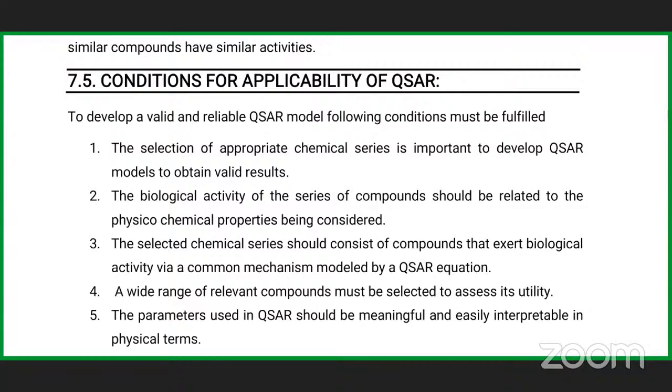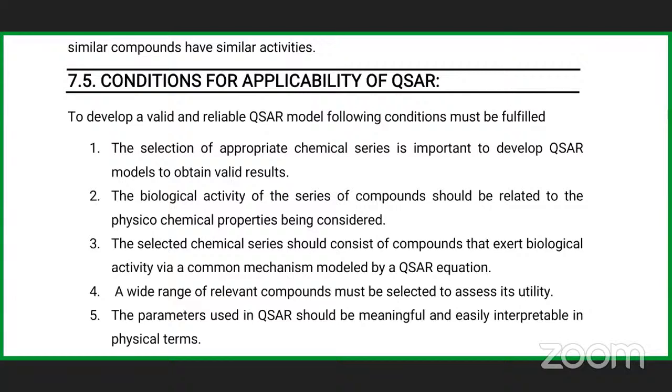So appropriate chemical series selection is an important condition for the applicability of QSAR, and the biological activity of this series of compounds should be related to the physicochemical parameters being considered.